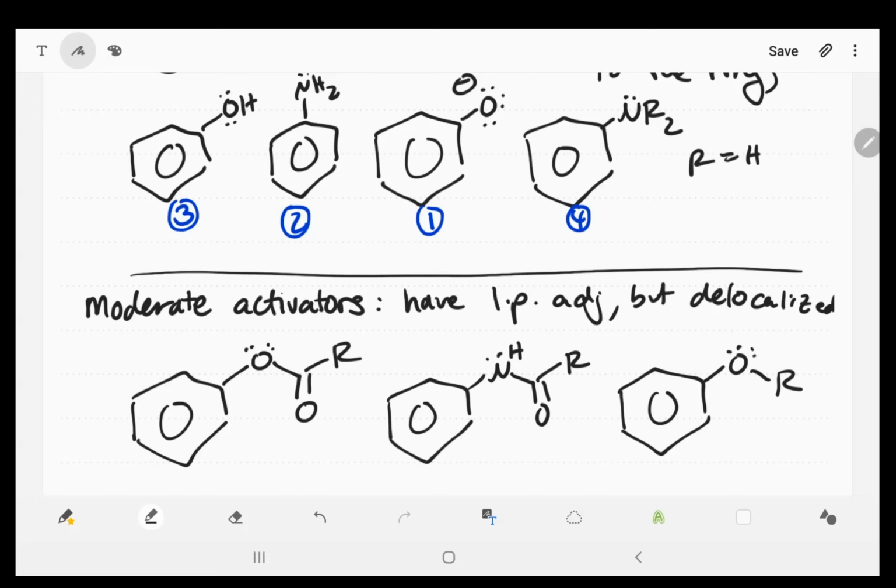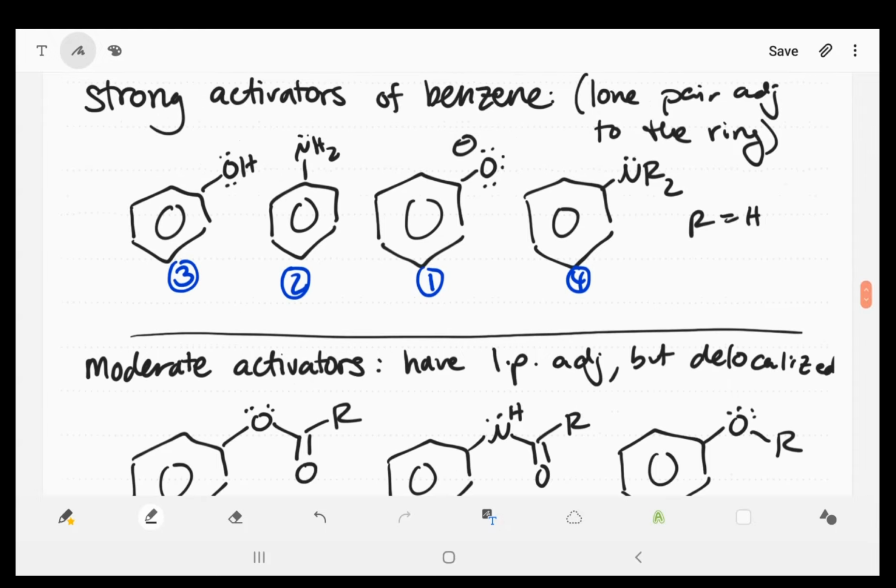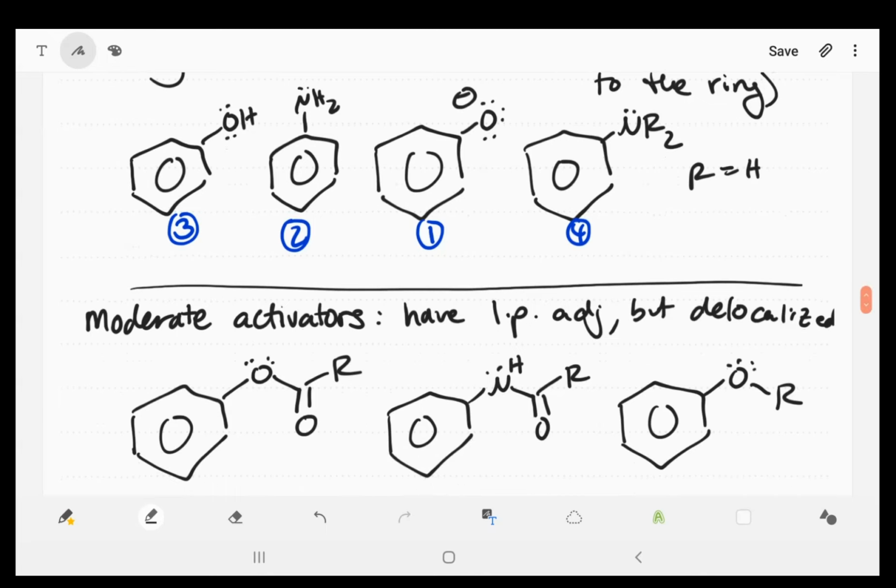You might think they might be strong because they do have lone pairs adjacent that are not delocalized, but evidence shows that these ethers are actually only moderate activators. So those will be our moderate ones.